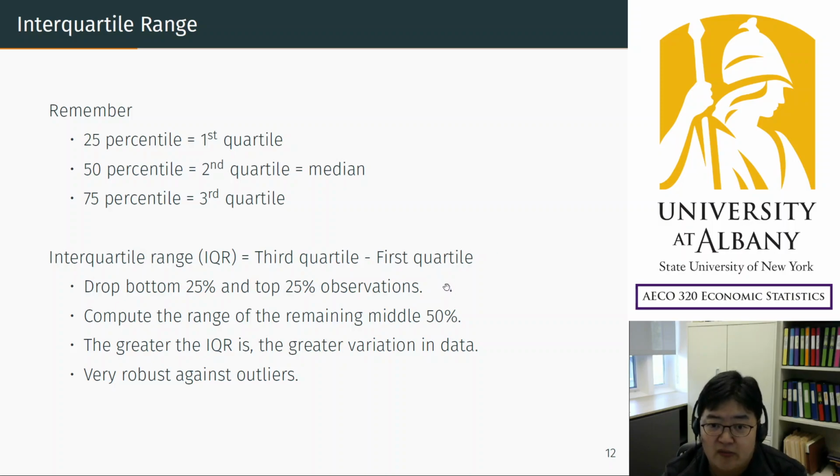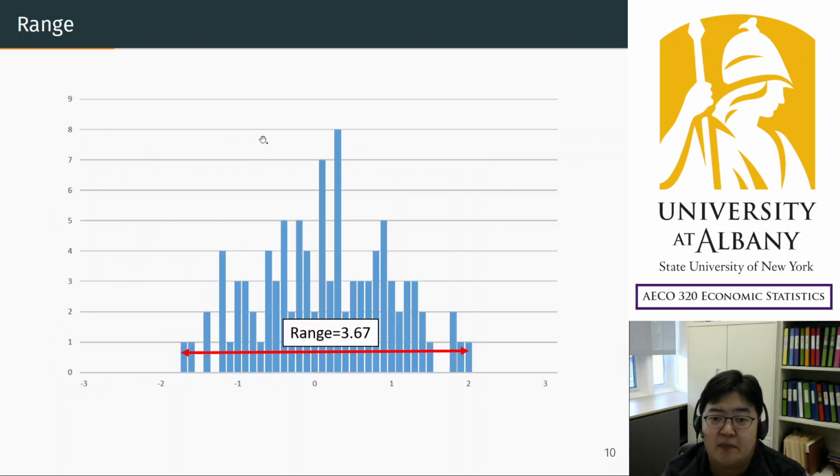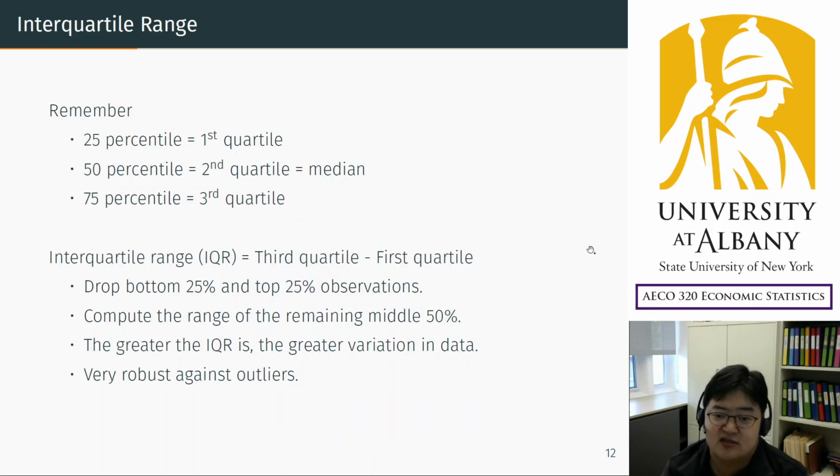So let's go back to the definition of the range. The maximum can be understood as the 100th percentile, and the minimum is the 0 percentile. But outliers affect the range too much.